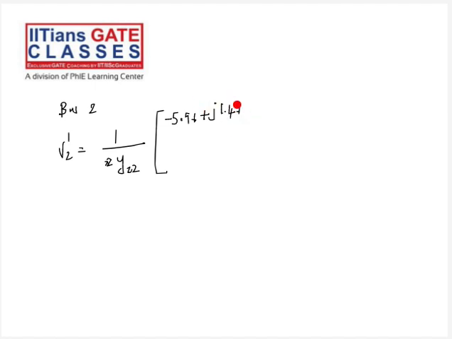Minus of minus 1.4 will be plus 1.4, divided by the current voltage, 1 plus j0, so the conjugate is 1 minus j0. It shouldn't matter, right? And then minus Y21 V1 plus Y23 V3.